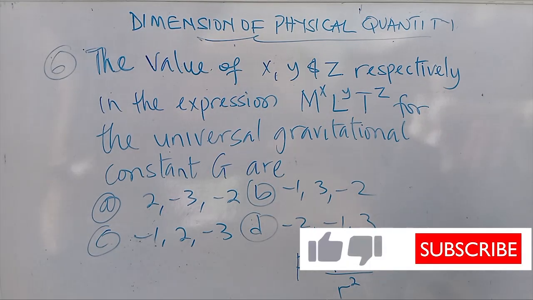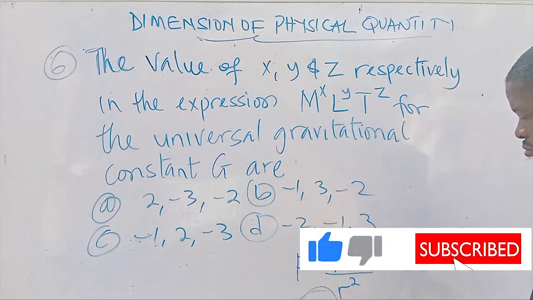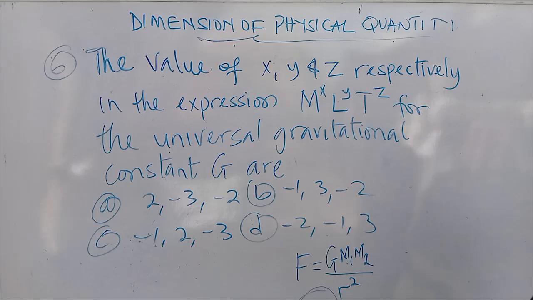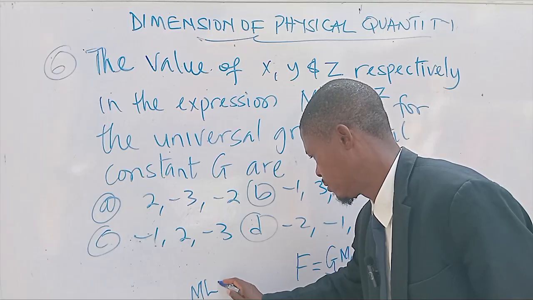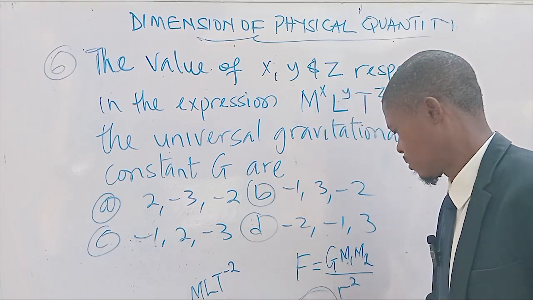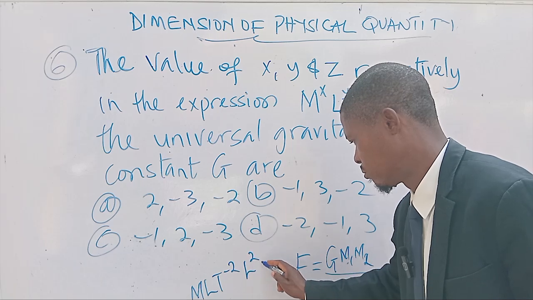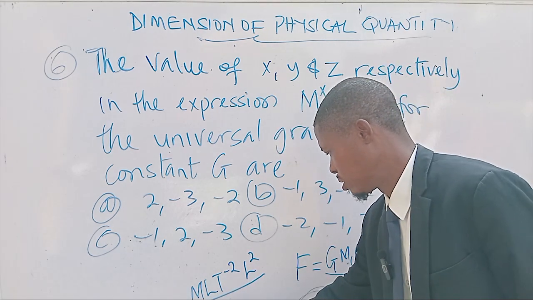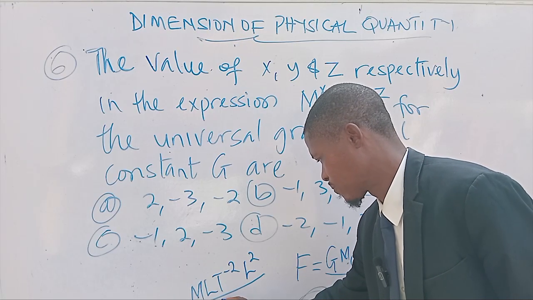So what we're going to do now, we need to get the dimension for this fraction. The dimension of force is M L T to the minus 2. The radius r will be L squared, over M1 M2, that's mass, that's capital M, and then you square that.